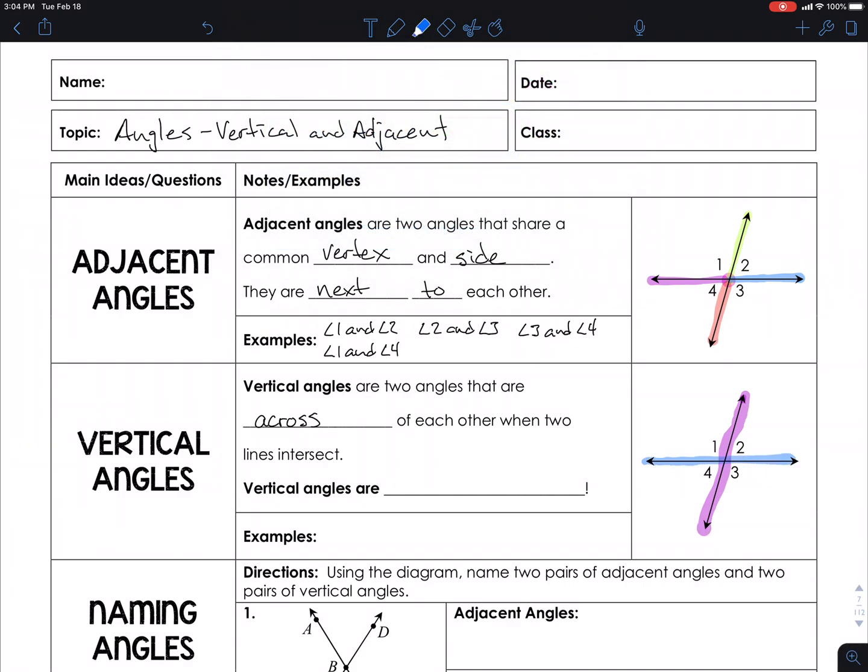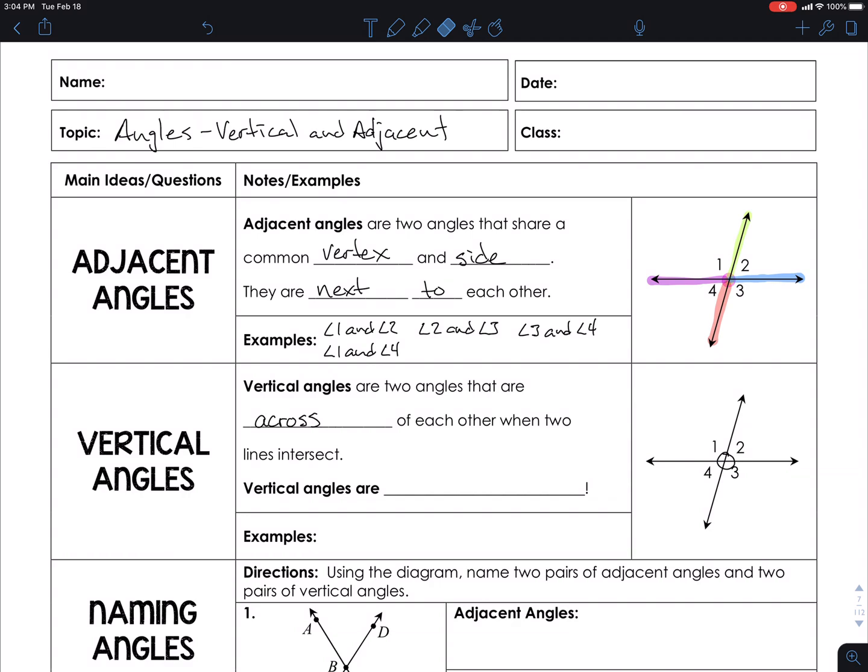Those two lines intersect right there. That's an intersection. It's like when you drive through an intersection where two roads cross. The two roads come together there. So anything that's across from each other at that intersection are vertical angles.